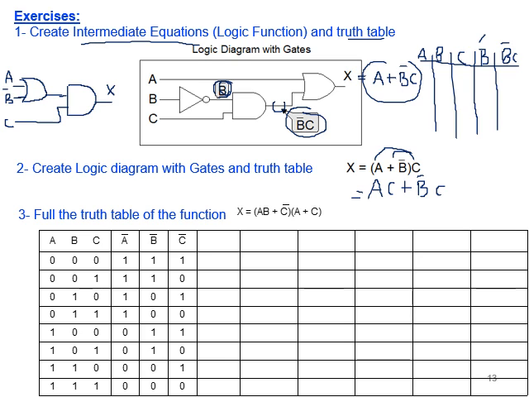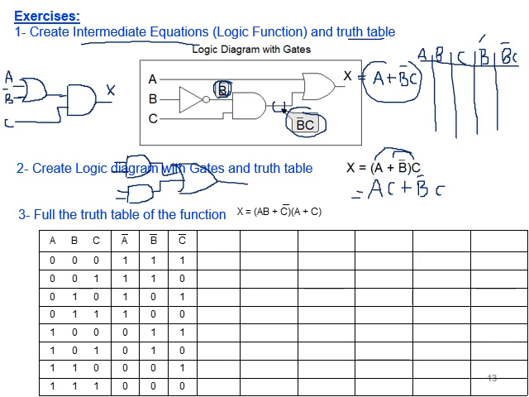You can see here, this is AND one, and this is AND two, and they are inputs to the OR gate.